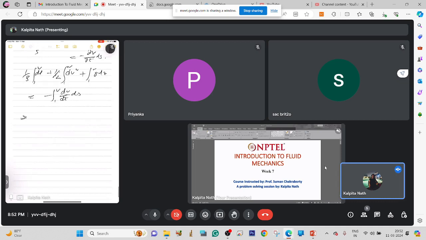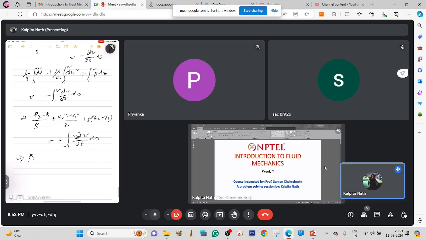Now if we write this up, this will come out to be (P2 minus P1) upon rho plus (V2 square minus V1 square) upon 2 plus g (Z2 minus Z1) is equal to minus the integral from 1 to 2 of del v del t ds.